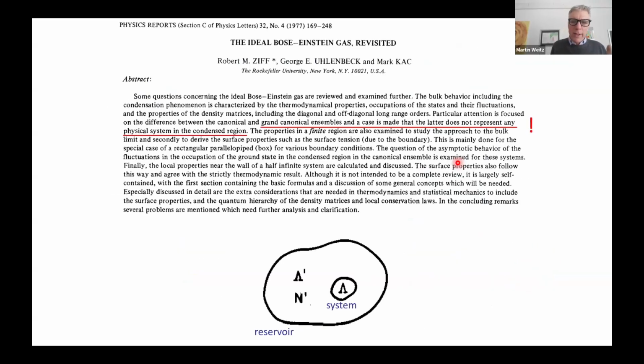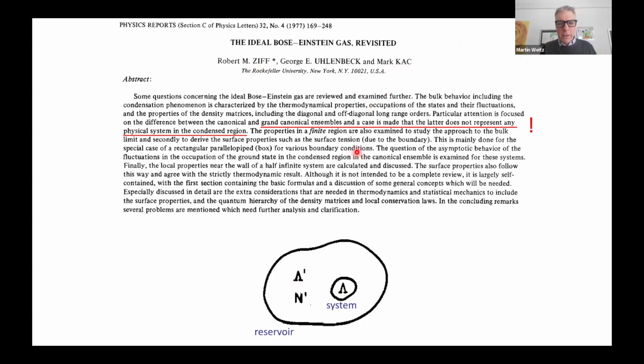And normally, if you just, let's say, have a bucket of helium and say part of this bucket of helium is a system, then one does not expect that, because then there's only diffusive exchange between the system and the reservoir. And this is not fast enough. That has been noted by Ziff, Uhlenbeck, and Kac in a review long ago, 1977.